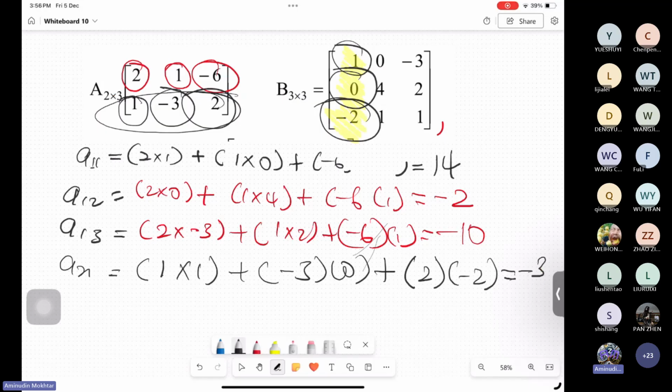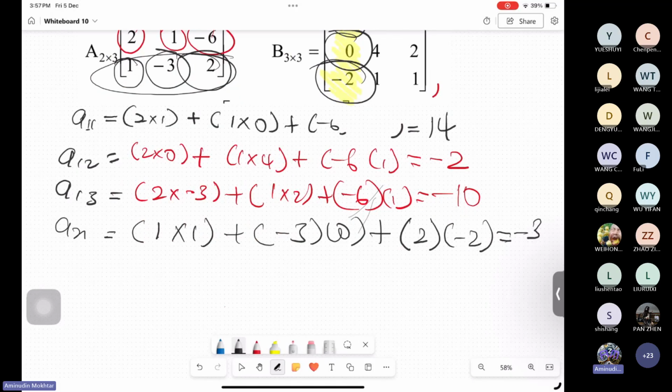That is for the first element of the second row, A21: the element in the second row of A times the element in the first column of B. That's how to find the matrix multiplication, especially for a 2 by 3 matrix.